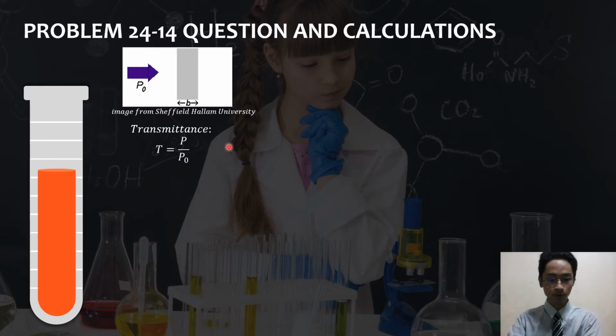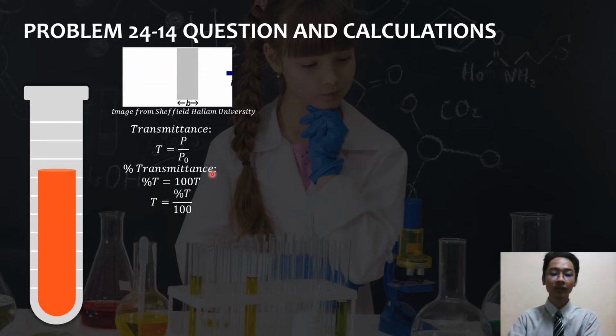So the formula for transmittance is T equals P over P sub 0. The relationship of percent transmittance to transmittance is percent T equals 100T. Or in terms of T, T equals percent T over 100.